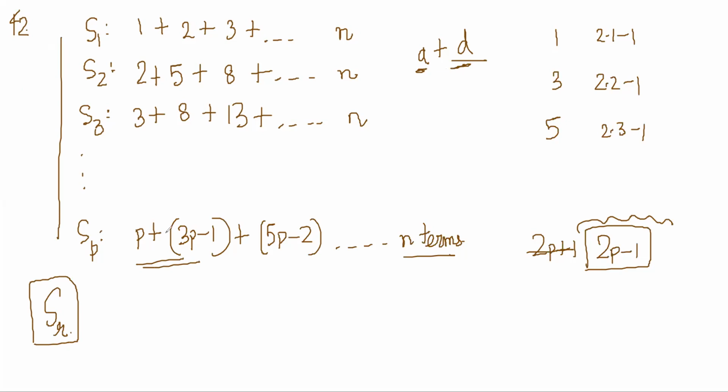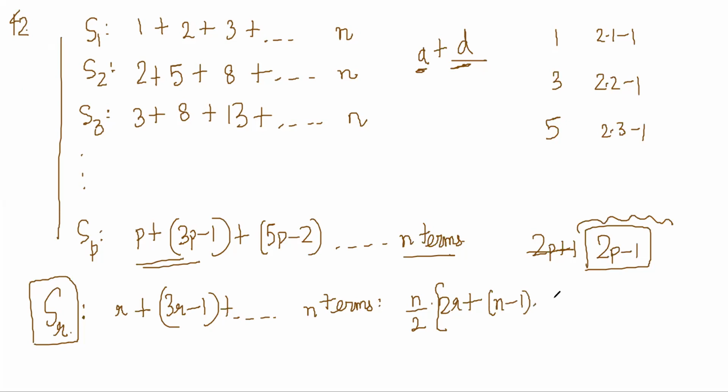But let's focus our attention on the r-th AP. The r-th AP starts with r and has a common difference of 2r minus 1. So r plus 2r, 3r minus 1, and so on, n terms. The sum of that AP will be n by 2 into 2a plus n minus 1 into d, where 2a is 2r and d is 2r minus 1.